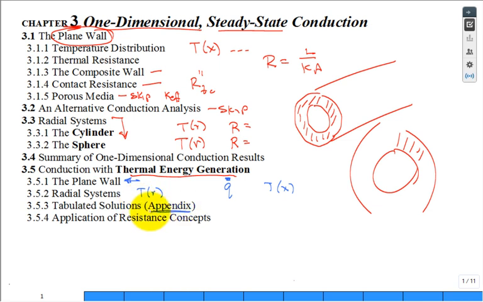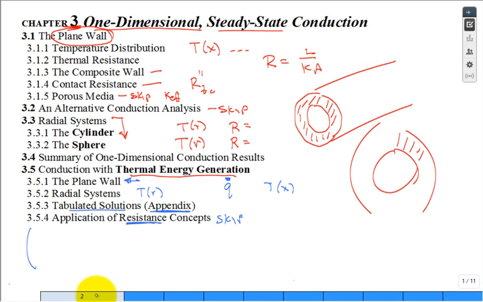In the appendix, they tabulate a bunch of results. Setting up and solving differential equations is the theme of this lecture, just like it was last lecture. And then we're going to skip this concept where you could think about a thermal resistance when you have heat generation in the slab. It gets a little more confusing. I just skip it. Okay?